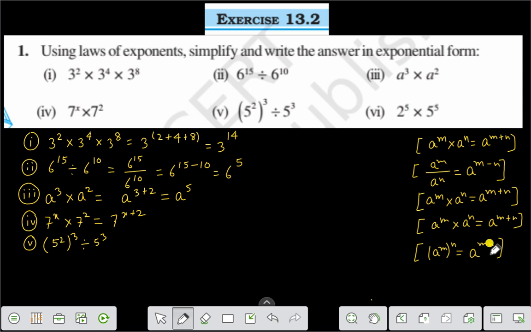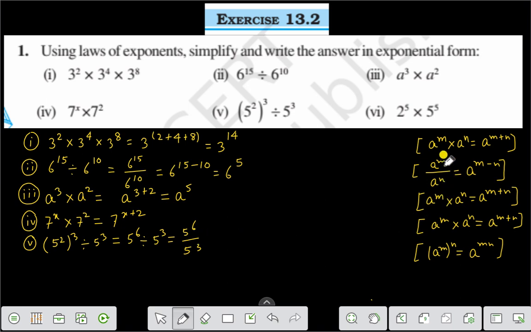If we apply this formula, we get 5 to the power 2 into 3, that is 6, divided by 5 to the power 3. Or we can write 5 to the power 6 divided by 5 to the power 3.